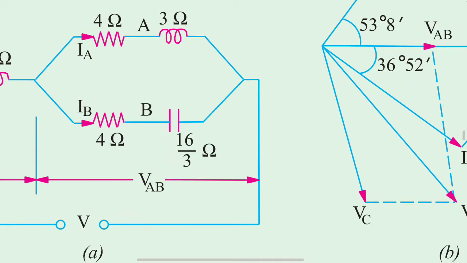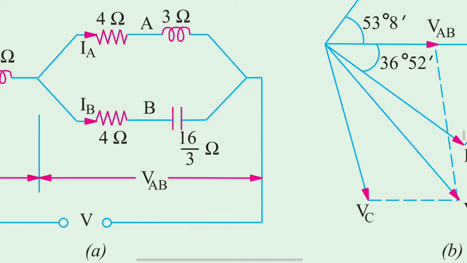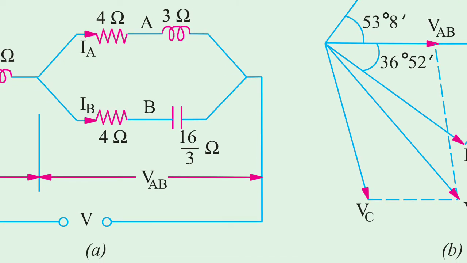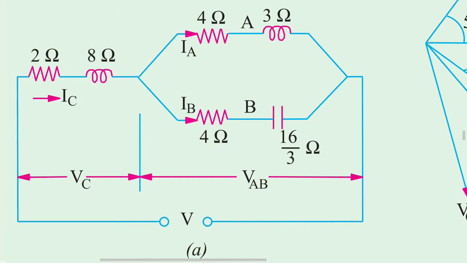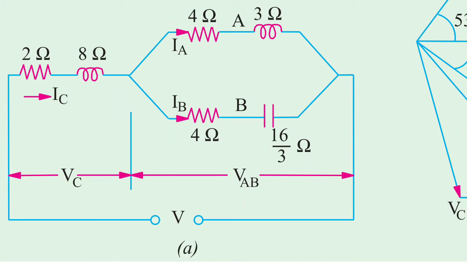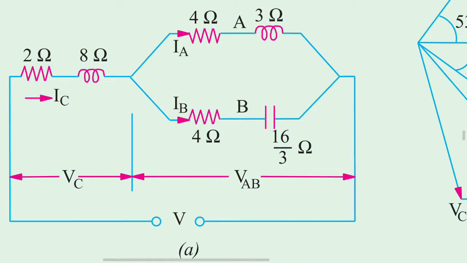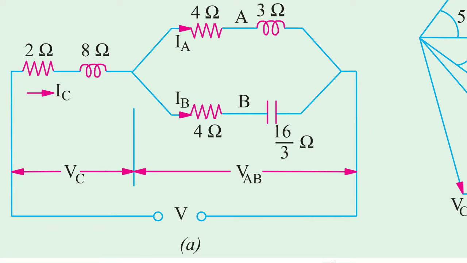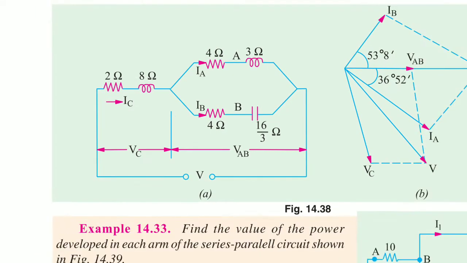Here this parallel is calculated, that is impedance is ZAB. So the resultant impedance is ZAB and the current is IC. Here VAB is equal to IC into ZAB. That is the formula for voltage across the AB branch. See here.